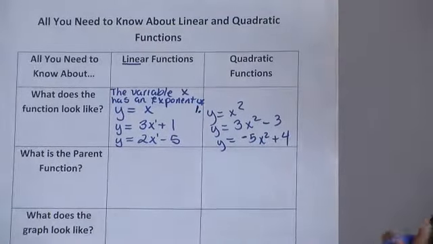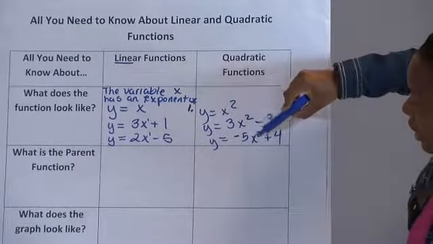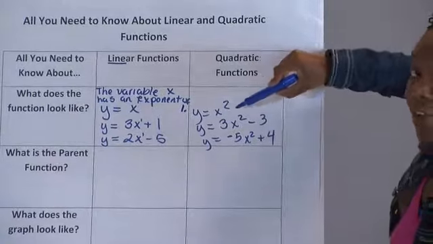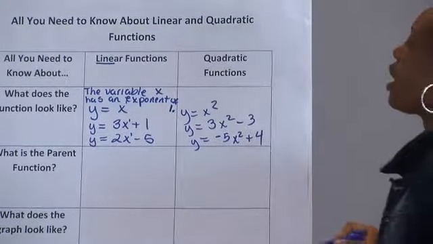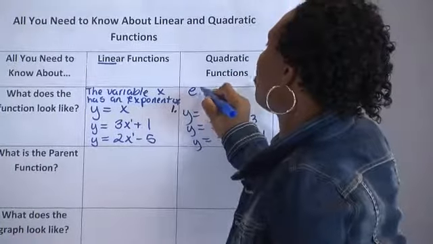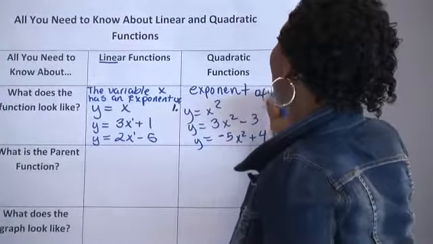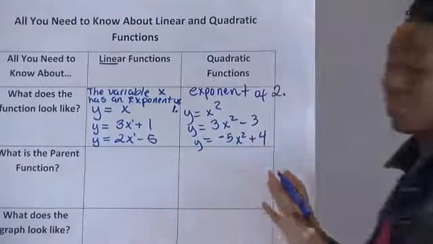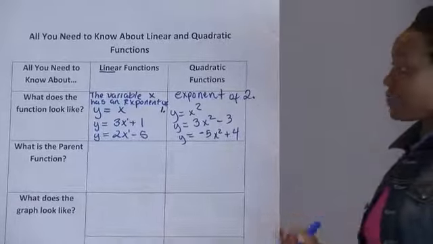What do they have in common? Each one of the variables for x has an exponent of 2. So quadratic functions have an exponent of 2. I'm just going to write exponent of 2 because it's too much writing. You with me? Linear, exponent of 1, quadratic, exponent of 2.